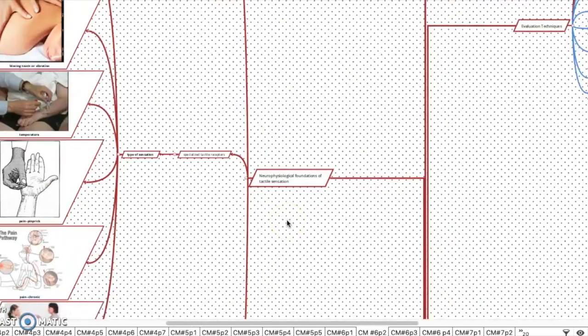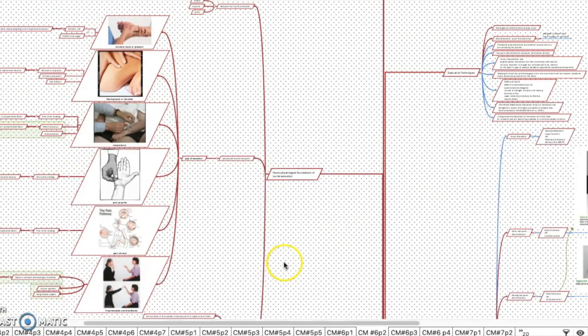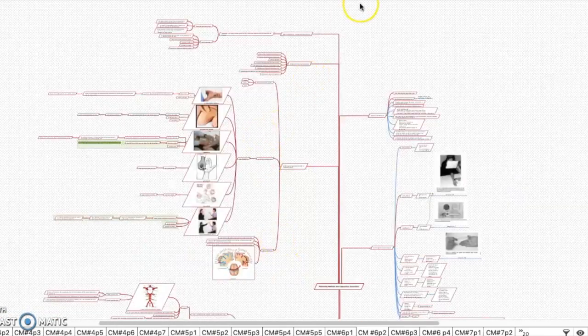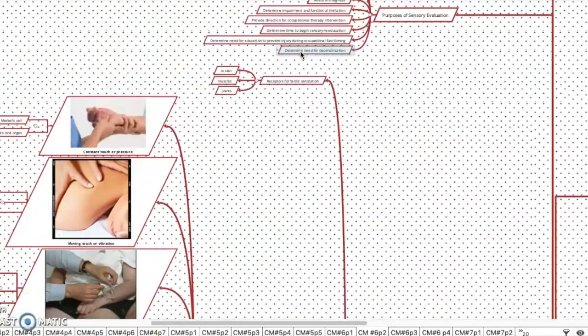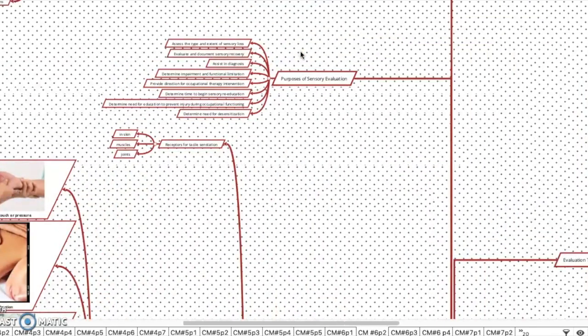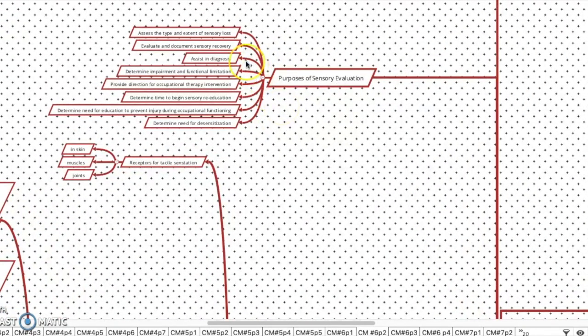And then this concept map also includes the neurophysiological foundations of tactile sensation, with some helpful pictures about the types of sensation, and an overview of the purpose of sensory evaluation.